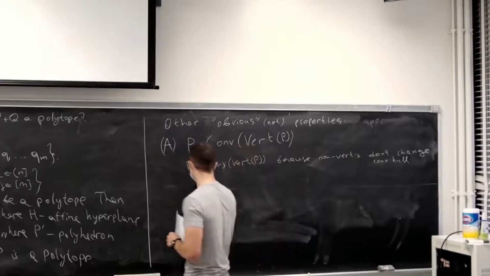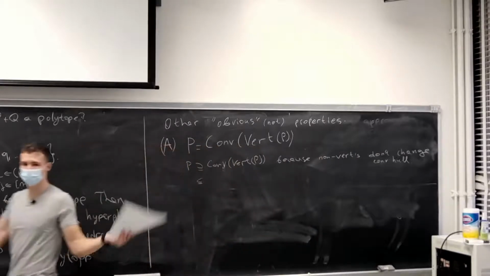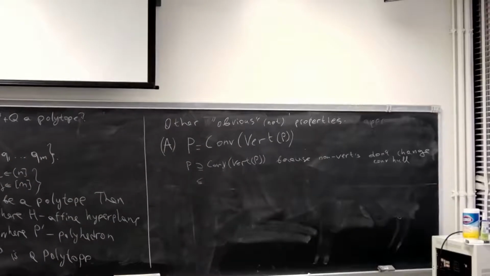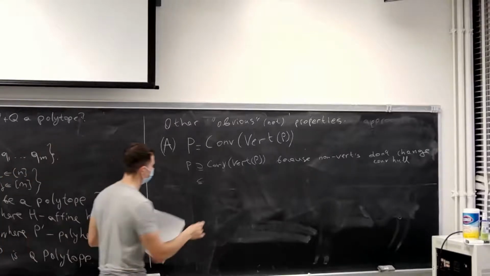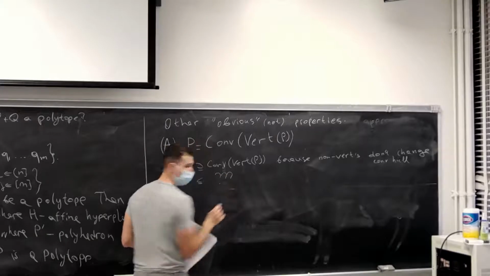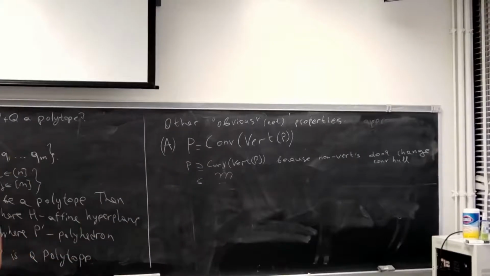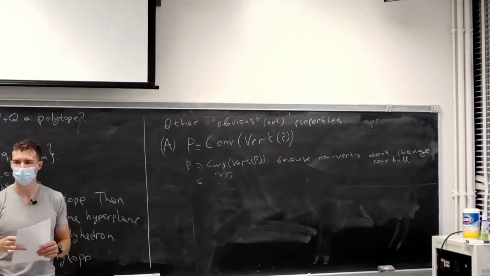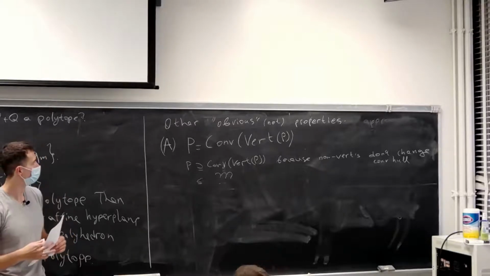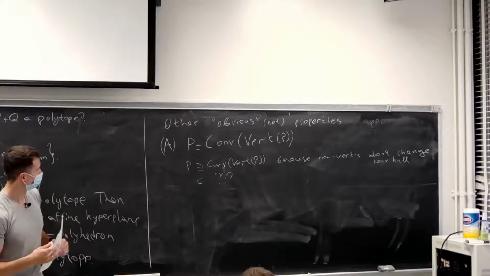What about the other direction? P is going to be a subset of the convex hull. Oh, well, okay, that's true.